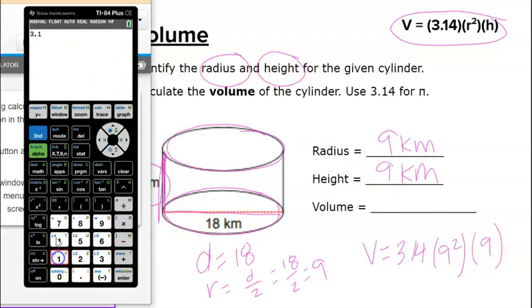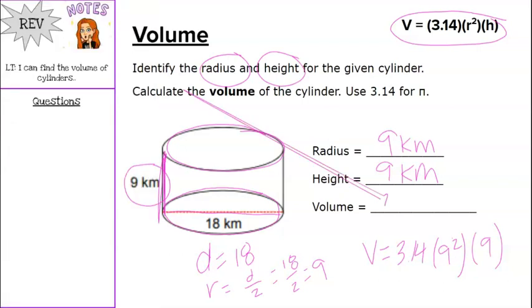So 3.14, and again, you can use the times button or parentheses, 9 squared times 9, and we get 2,289.06. And volume is kilometers cubed. Cubic for volume. So that is how you find the surface area and volume of a cylinder. You can go ahead and do your practice.